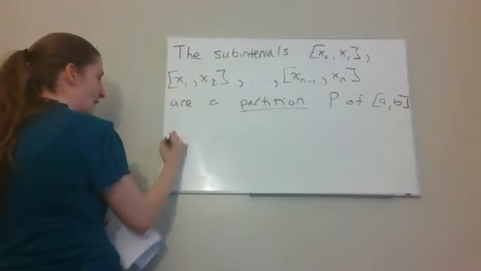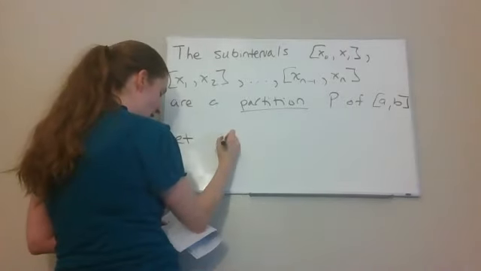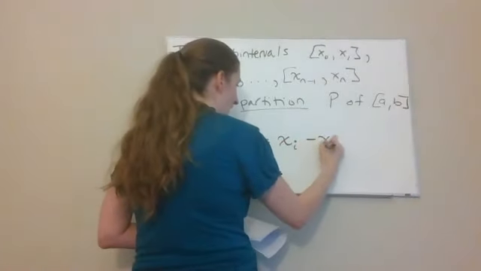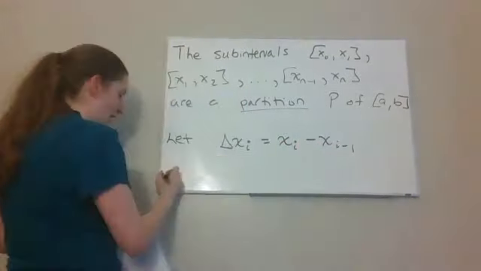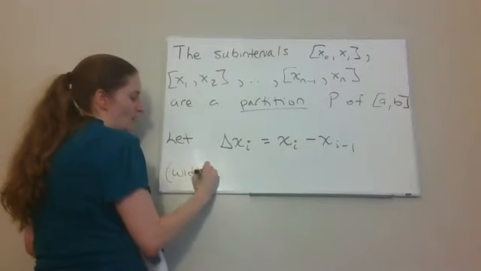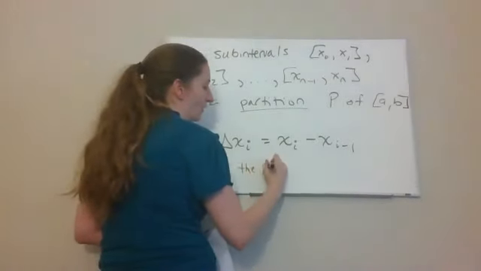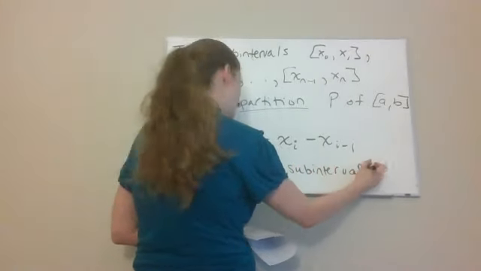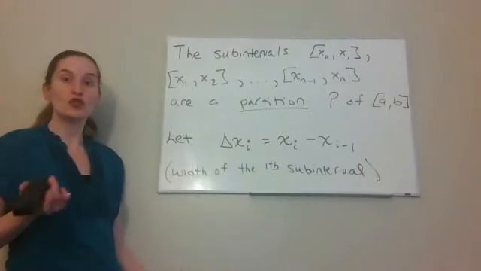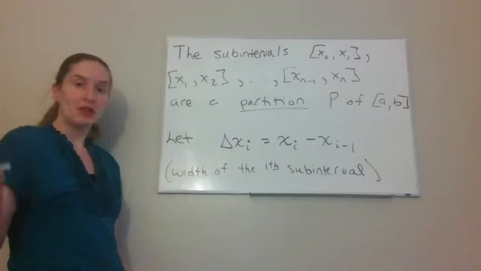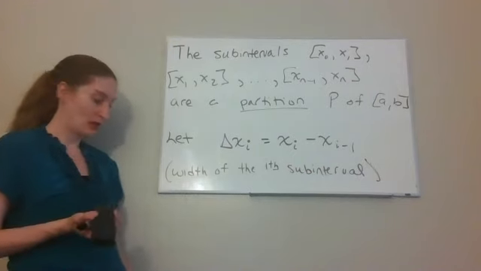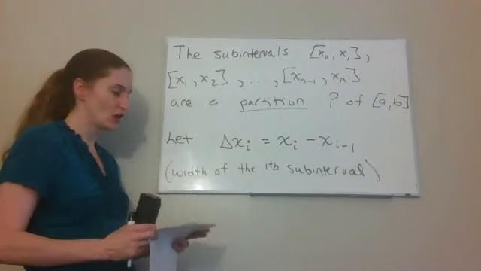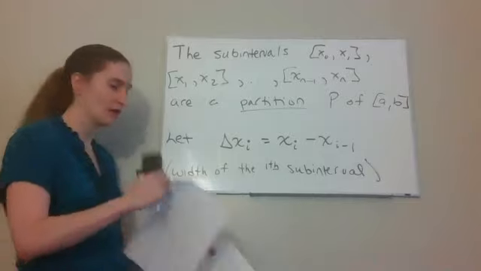So since we're not assuming these are the same size anymore, we're going to choose some new notation, delta xi, to be xi minus xi minus 1, which is the width of the ith subinterval. Then I can choose a point in each subinterval, plug it into my function to get the height of that particular rectangle, and we can add up all of these areas of rectangles, which aren't going to be all the same width, but they're still areas of rectangles.